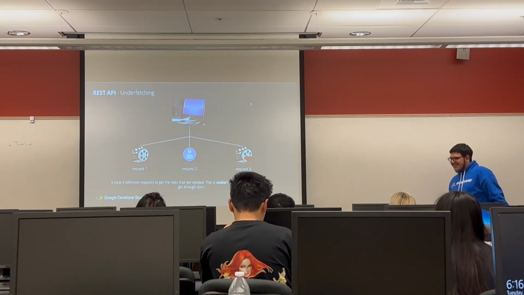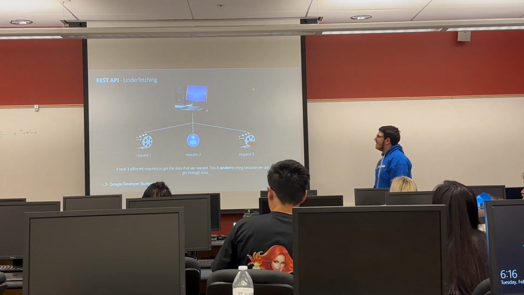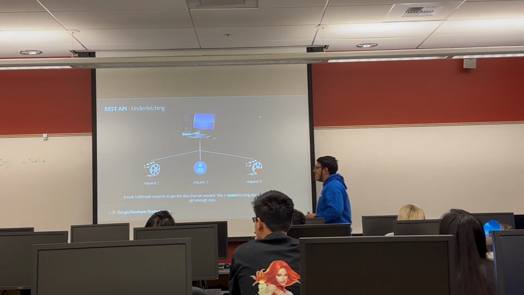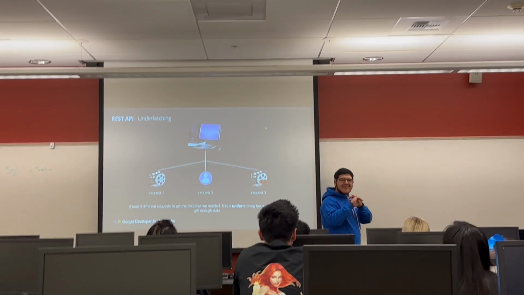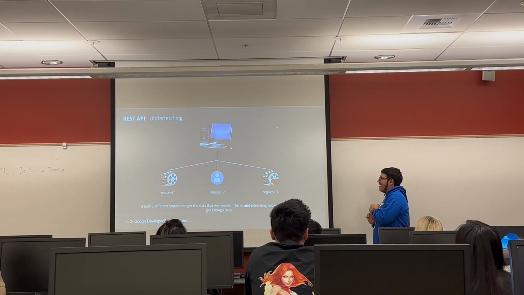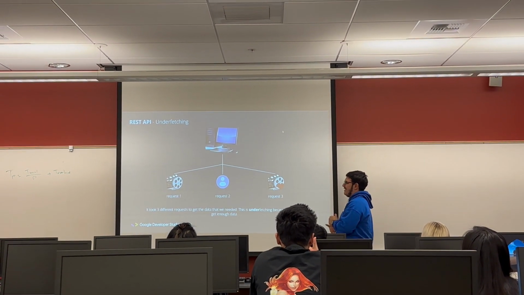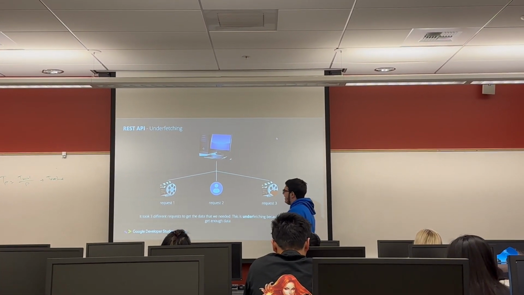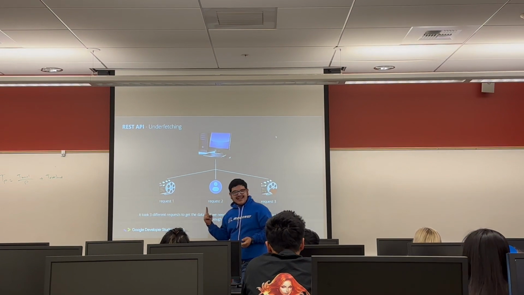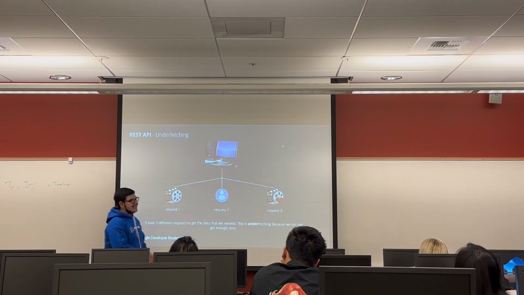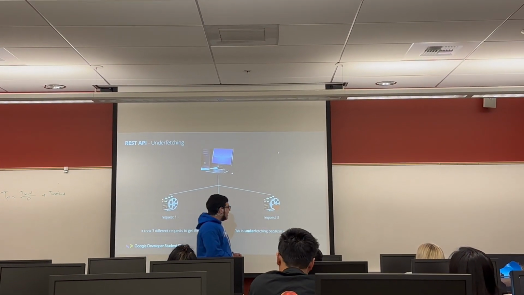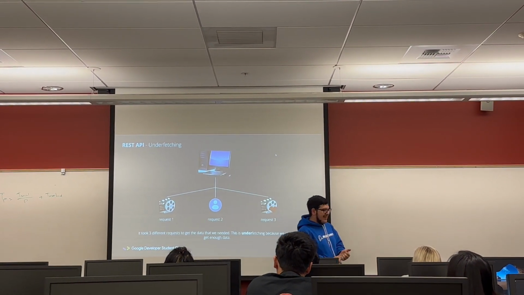So some issues with REST APIs is that there's underfetching. What that means is, say I want to get information about a movie, but I also want information about a user, and maybe the user's favorite movies. It could take 3 different requests to do that: 1 request to get the movies, 1 to get the user, and another to get the favorite movies.